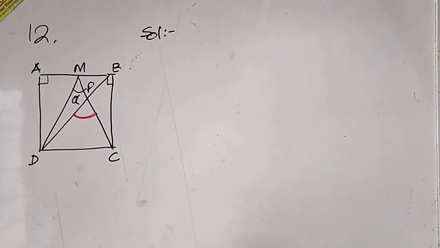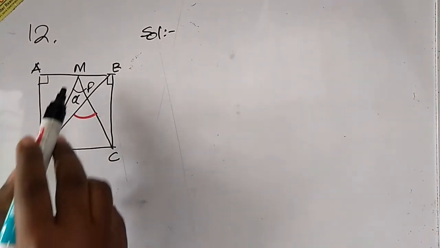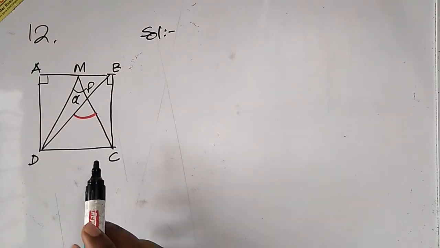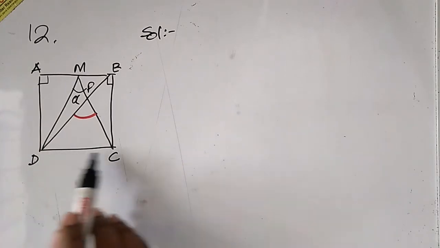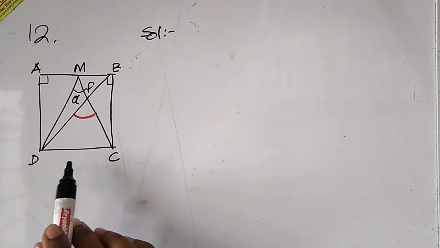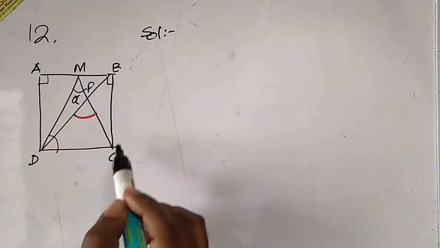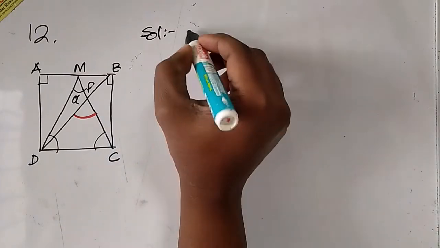Alright, let us continue solving here. Now we just now proved that MD is equal to MC, okay, based on CPCT. Now because MD is equal to MC and this side is one of the sides of the square, that is the reason why MDC will be equal to MCD. Okay, let me write it here.